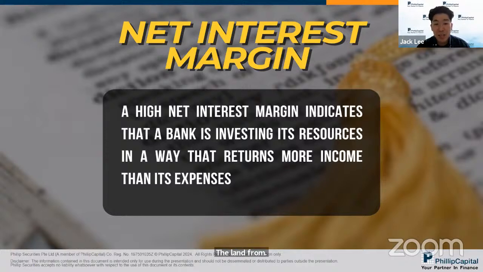So this is how they earn money. If a bank has a higher net interest margin, it means they have more probability of gaining profits. Okay. So this is one of the most important financial ratios you need to look at when you are looking at the fundamentals of a bank.